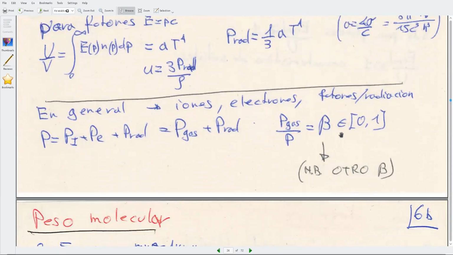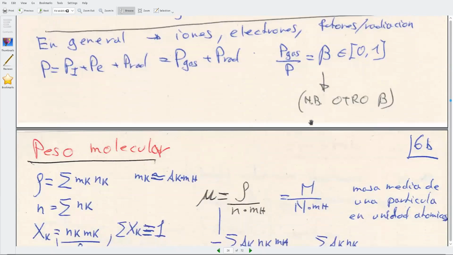It's not the beta from statistical mechanics, but another beta that goes just from 0 to 1. It gives how important the pressure of the gas is with respect to the total pressure. When beta is 1, we have the gas giving all the pressure. When beta is 0, it means the radiation is giving almost all the pressure.